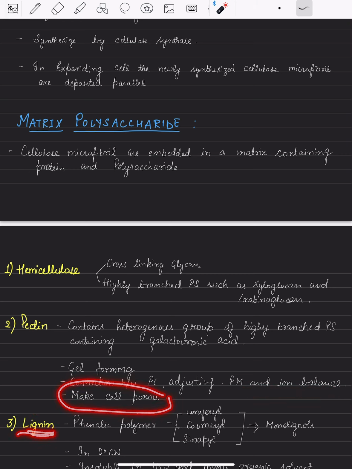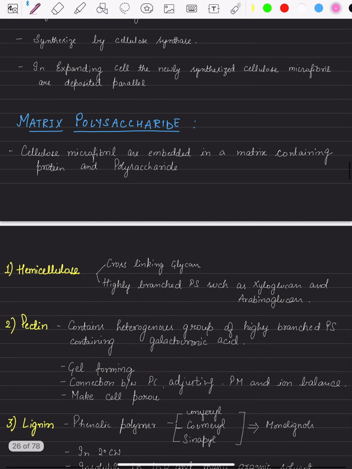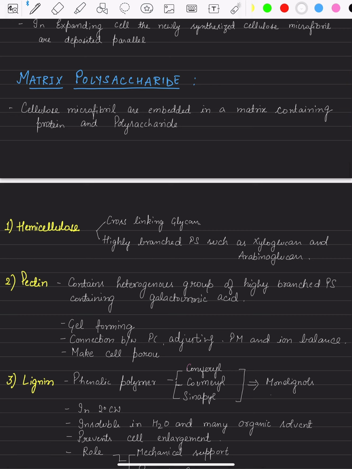Lignin, if we talk of lignin, is absent in the primary but present in the secondary cell wall. This is a phenolic polymer, of three types: coniferyl, coumaryl, sinapyl. These are the types of phenolic polymers, and they belong to the group monolignols, present in the secondary cell wall.